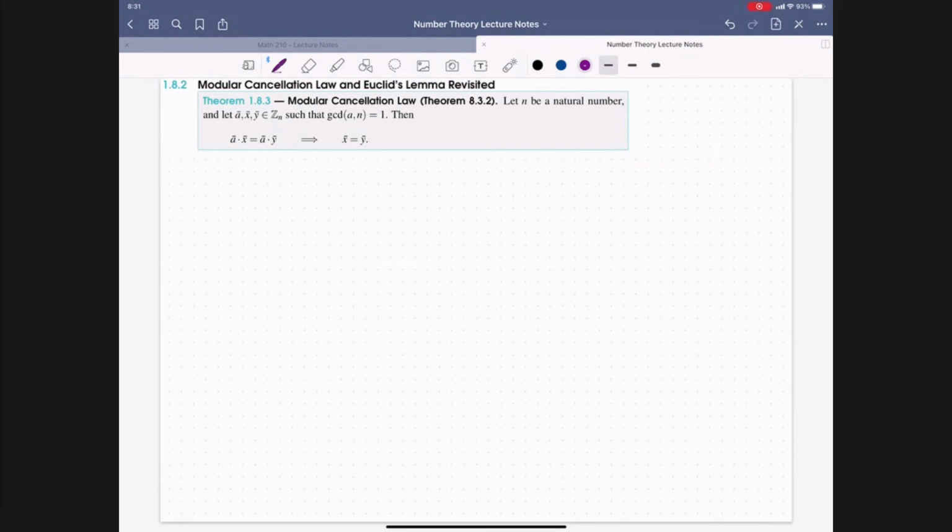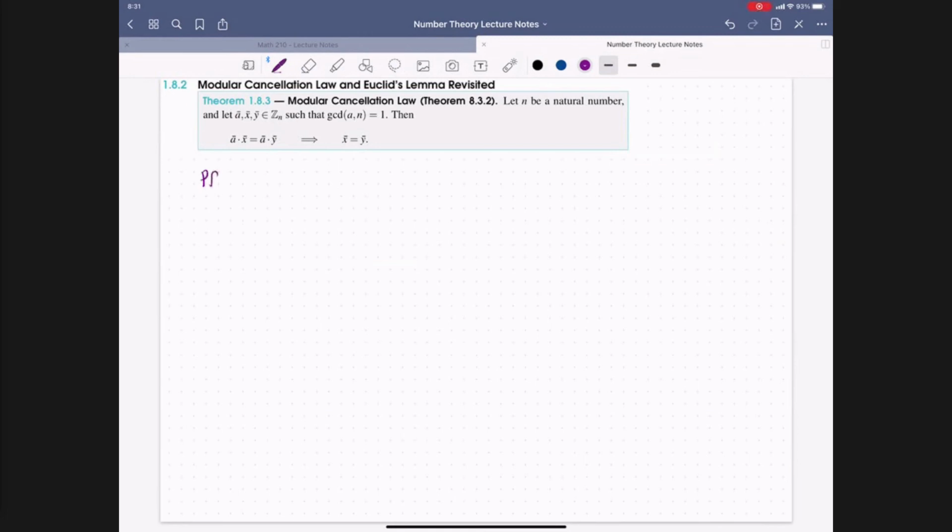So specifically, we have n is a natural number, a bar, x bar, y bar. These are all congruence classes in the integers modulo n, and we have that the GCD of a and n is 1, so they're relatively prime. And we want to prove that if a bar times x bar equals a bar times y bar, then we get back x bar equals y bar.